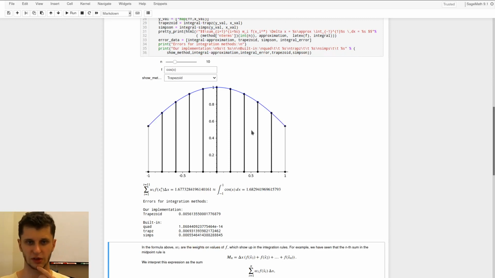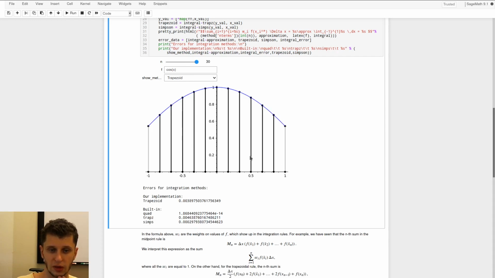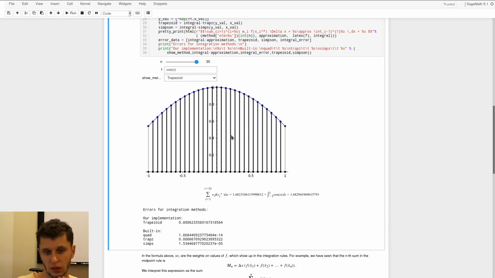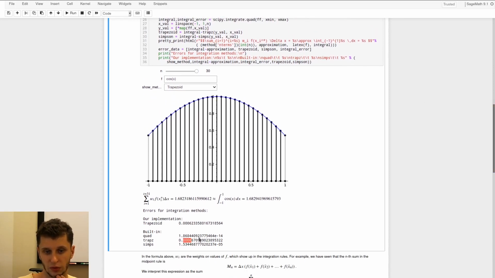I just noticed that there was a bug in how we computed the built-in methods, so I just fixed that. Now we can see that indeed the error of the midpoint rule goes down significantly when we increase the number of subintervals to 30, but so does the error for the built-in trapezoidal rule.